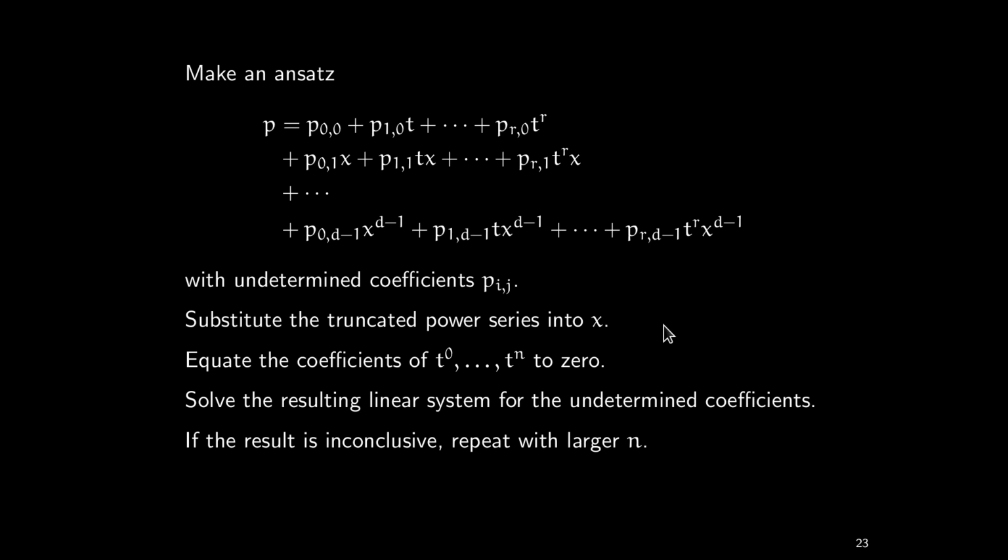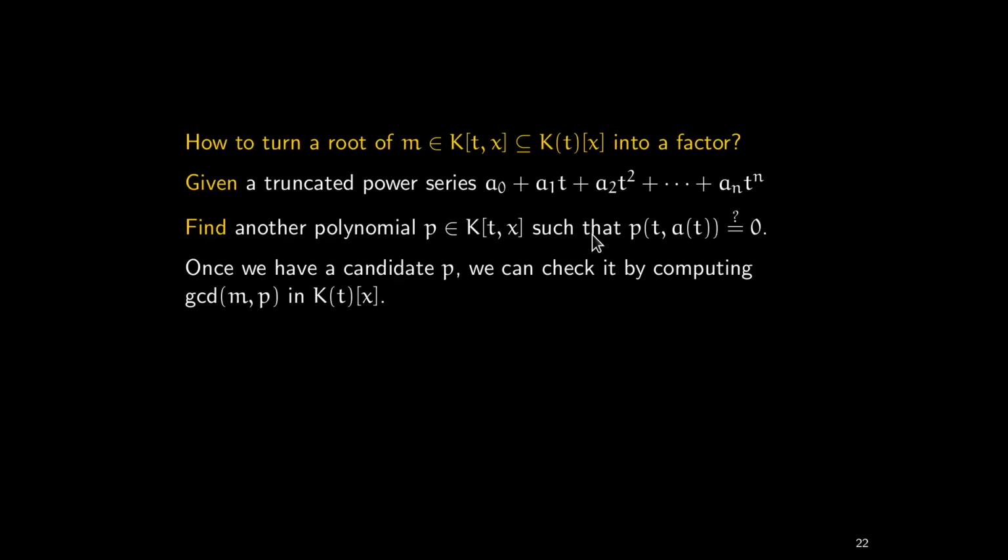Because if the m were not irreducible, then this root would belong to one of the irreducible factors, and the irreducible factors would be smaller than m. And I'm searching for a polynomial that is smaller than m, but I didn't find any.